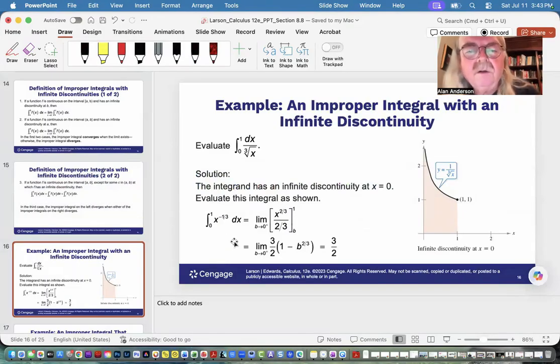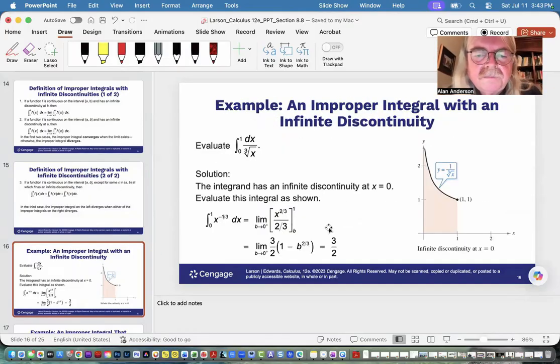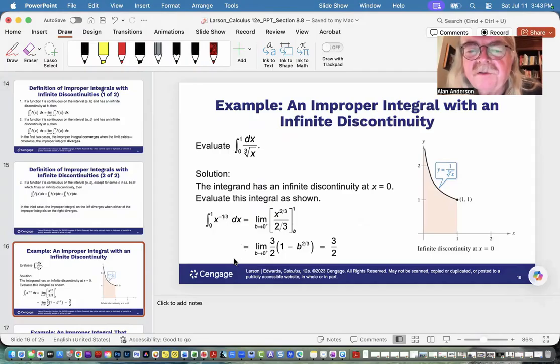Oh wait, what did they do? Sorry, it's not infinity because the discontinuity is at zero. But they're using b anyway. All right, we'll use the b. But specifically from the right.